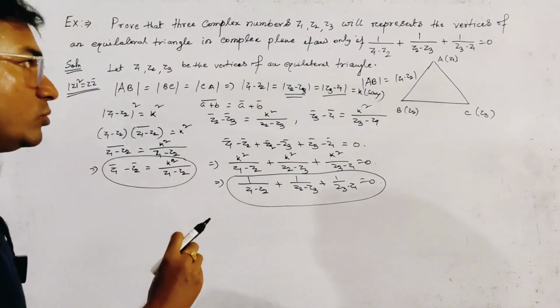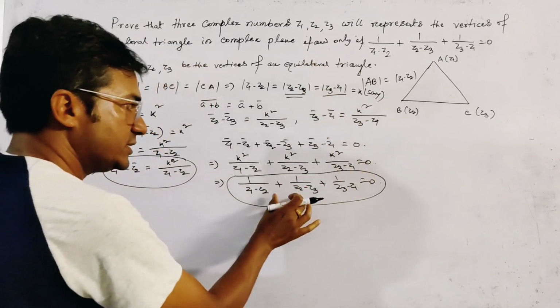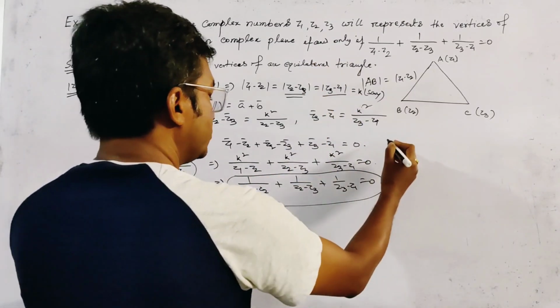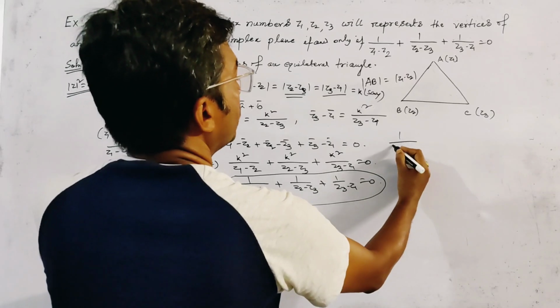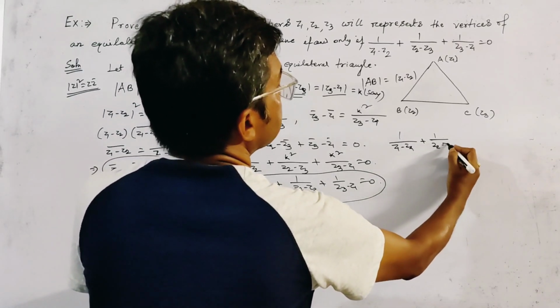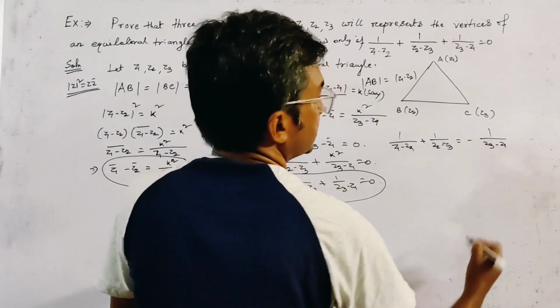Now for the second part, we take this result to be true. We start the solution like this: 1 by Z1 minus Z2 plus 1 by Z2 minus Z3 is equal to minus 1 by Z3 minus Z1.